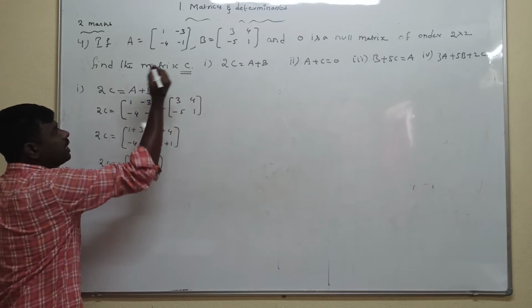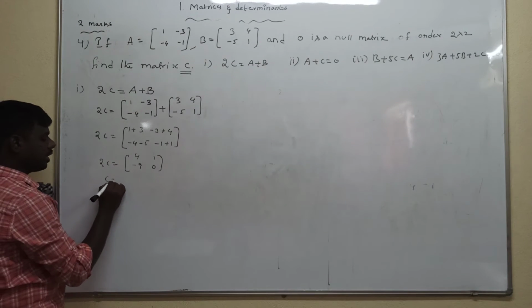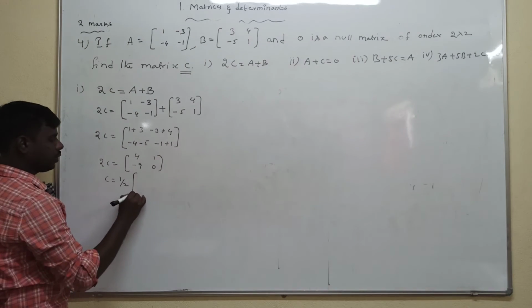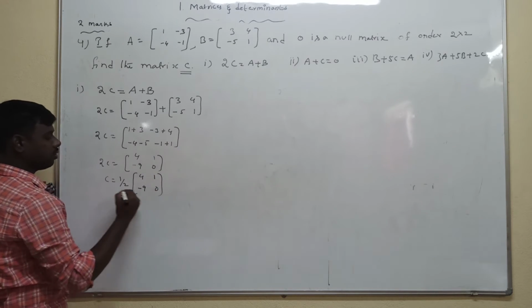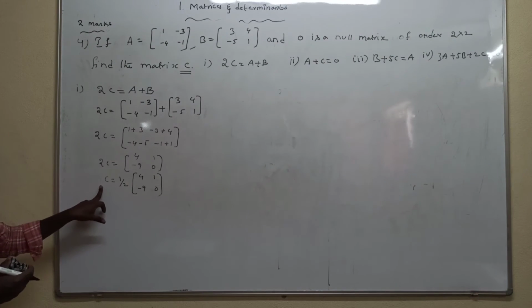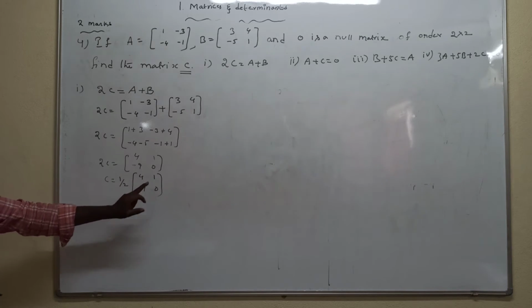But we need only the C matrix, so the 2 goes to the right hand side as the denominator. So C is equal to 1 by 2 into [[4, 1], [-9, 0]].